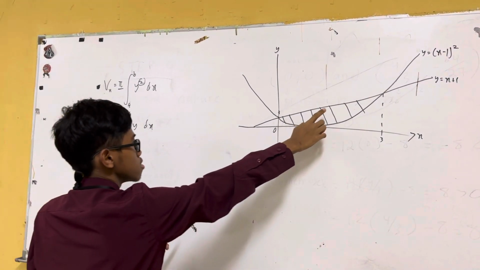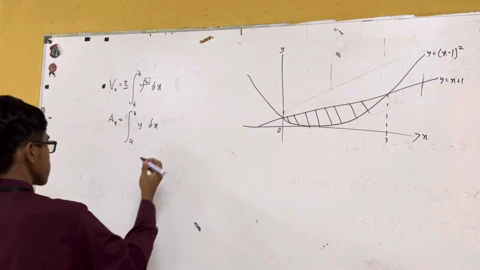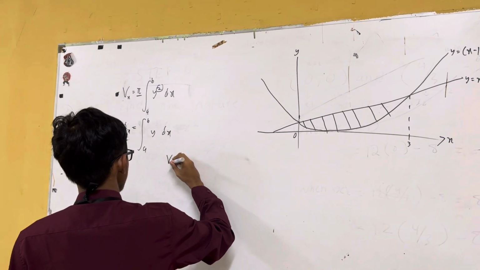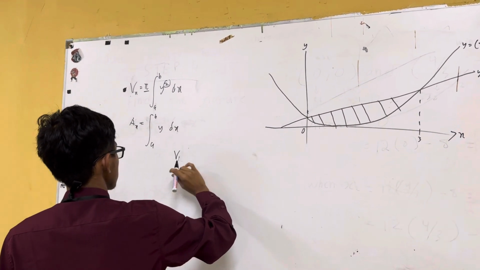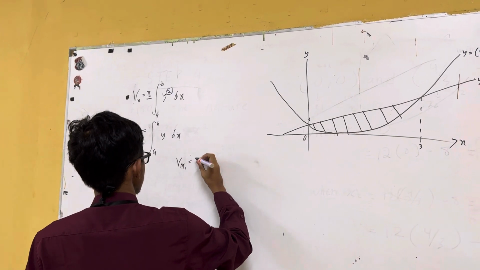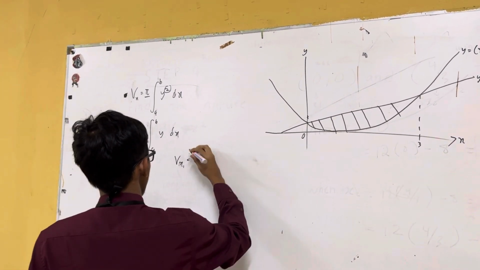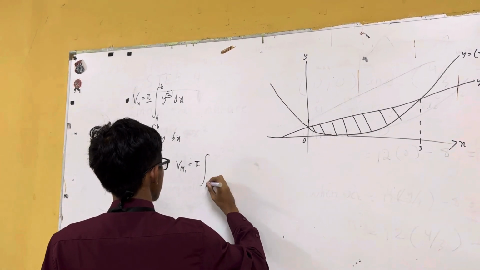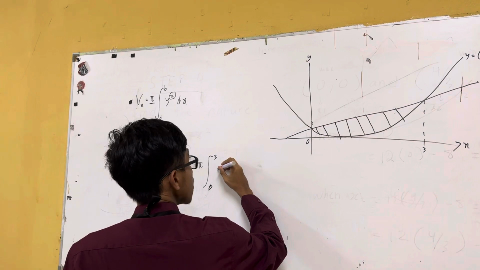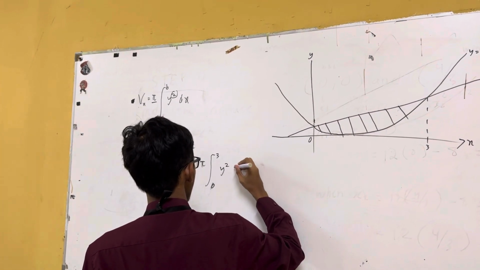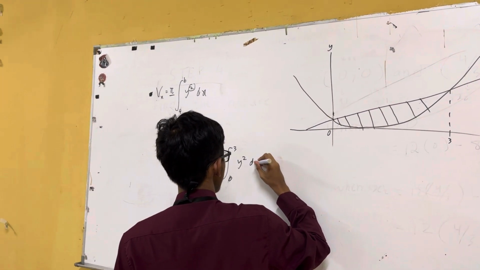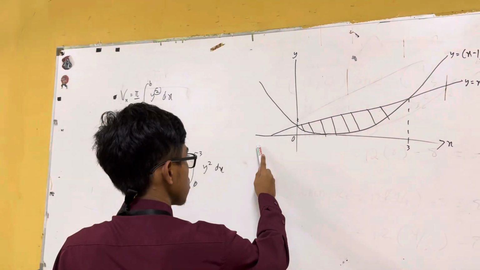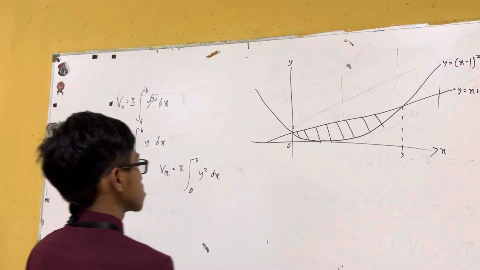Now, to find the volume for this, we need to find two different volumes, which is volume x1 equals this, where we use limits from 0 to 3 on the x-axis.